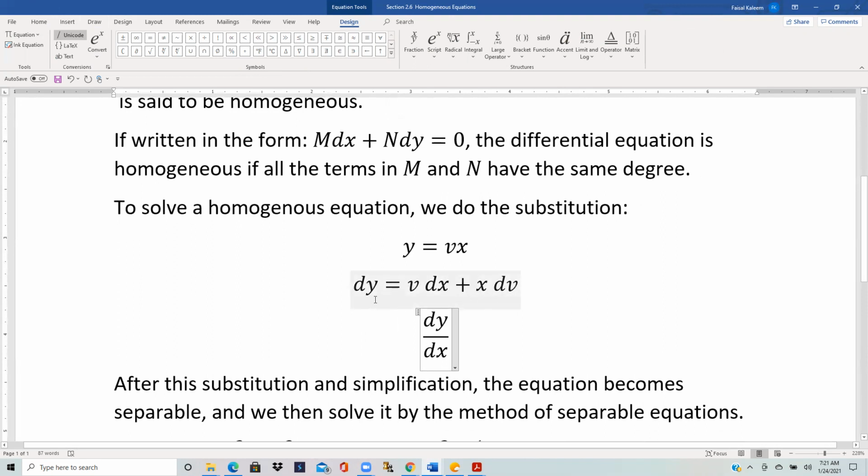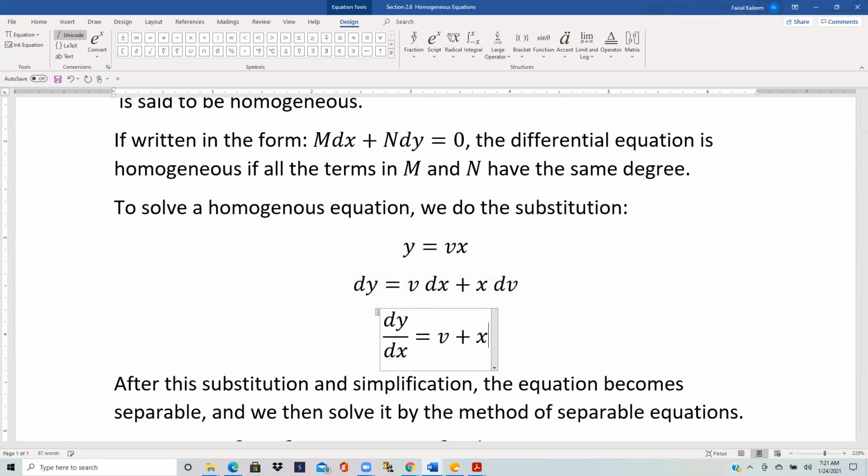Although that's not mathematically the case, it works as far as getting the correct formula is concerned. So divide every term by dx. When v dx is divided by dx, you just get v. And when x dv is divided by dx, you get x dv by dx.